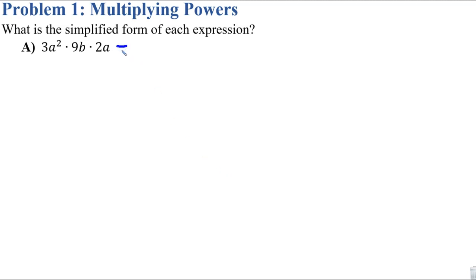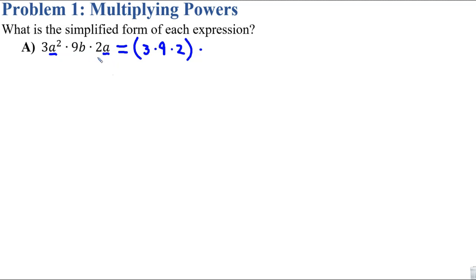First thing I can do for this is, notice I have 3 factors being multiplied together. I can just multiply the numbers together. I can go 3 times 9 times 2, so we'll group that together. And I can also multiply my bases to the powers. For this one, a squared and a are the same bases.